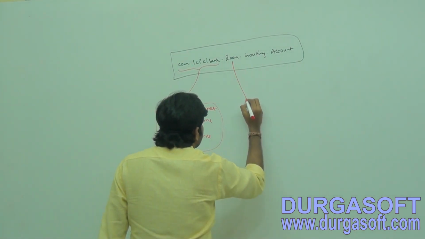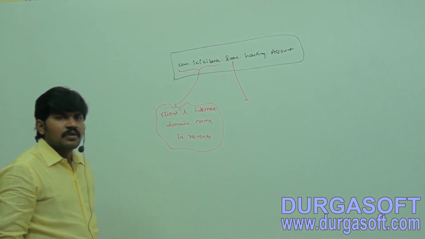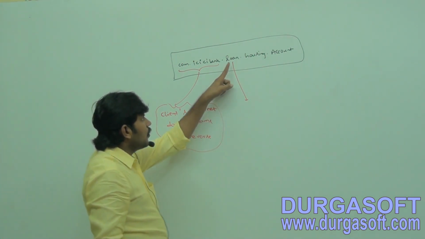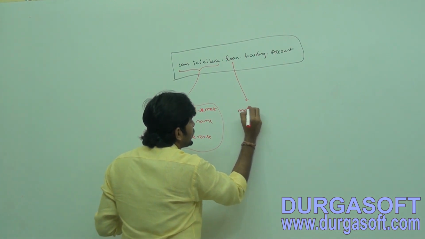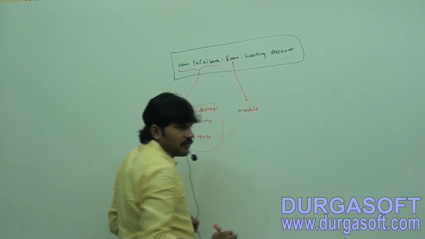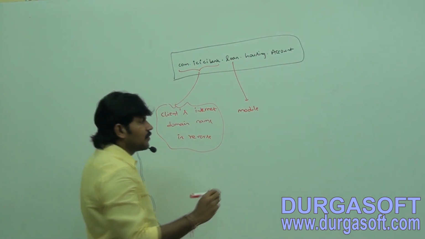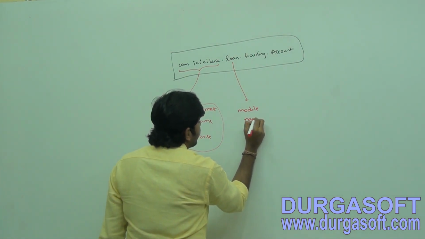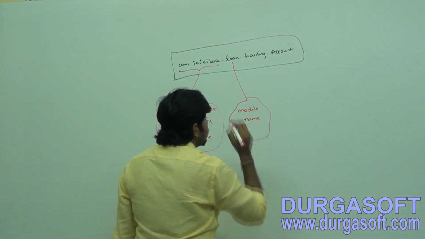Next, loan. Can you spell out what loan is? It is the module name. The loan module for com.ICICIBank, I am talking about.